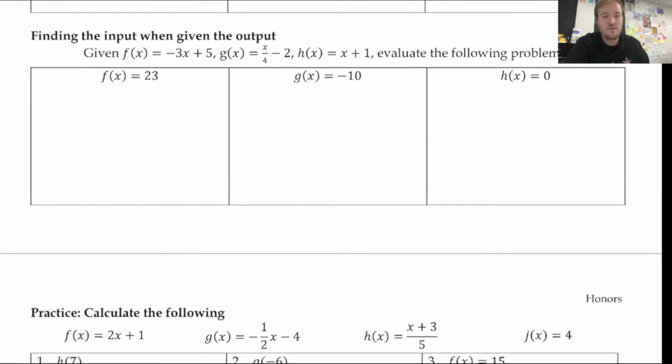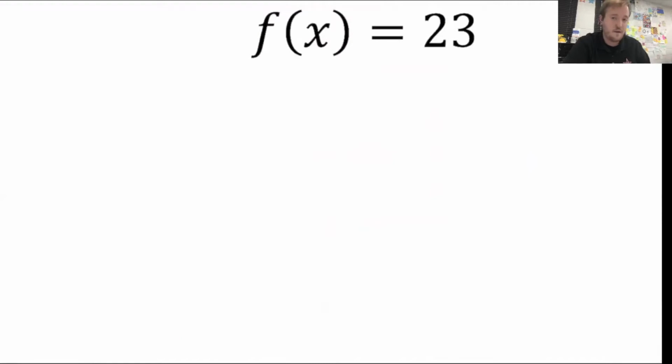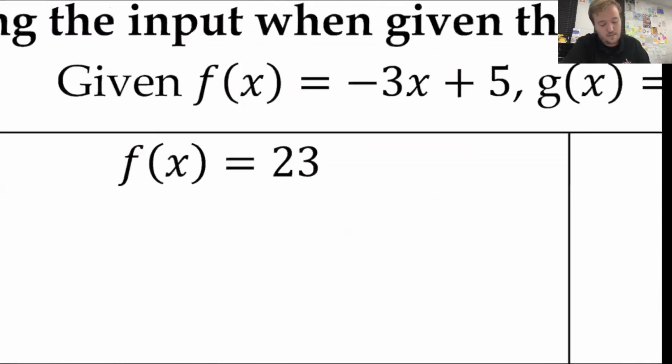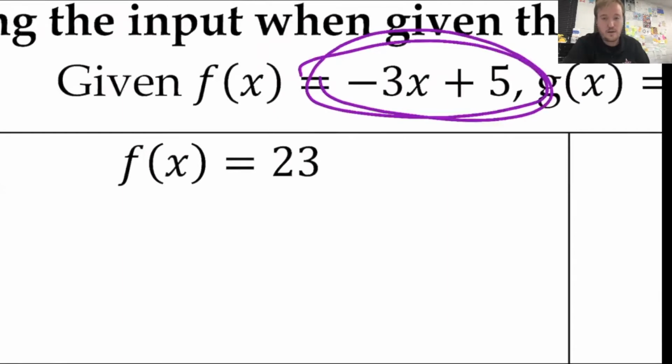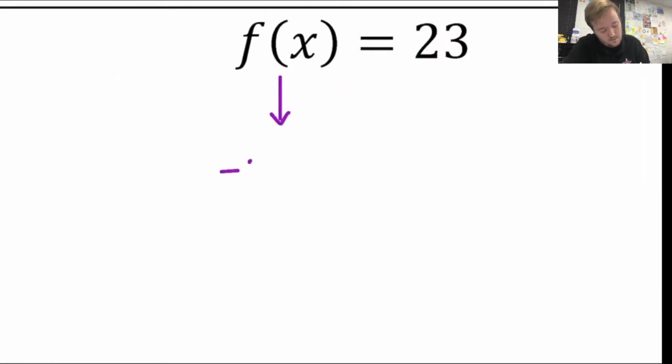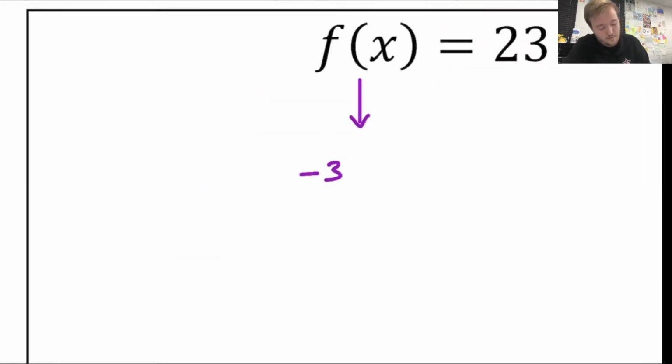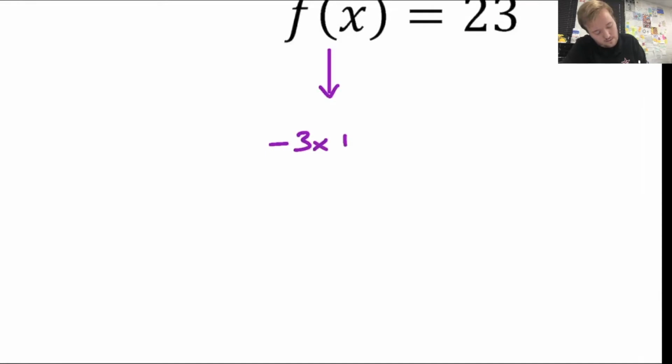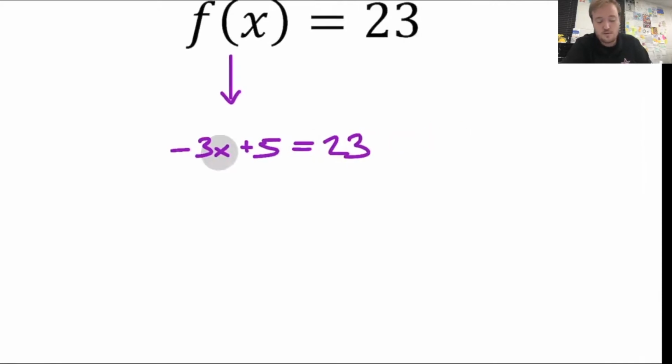Okay, so in this case, I have f of x, and it's going to be equal to 23. So I'm going to take my f of x function over here, so negative 3x plus 5. So those are the same thing. So I'm just going to rewrite f of x as negative 3x plus 5. And then I'm going to set that equal to 23. And now I just want to solve for x. So this is back to unit 1 when you're solving equations.